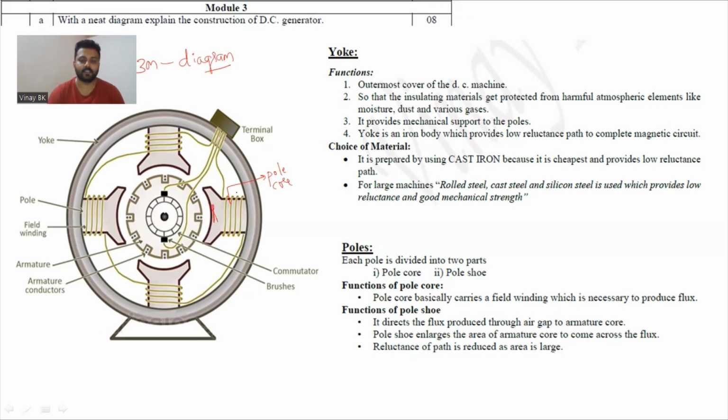The pole core carries the field winding so that it produces flux, and the pole shoe gives a direction to the flux from the air gap to the armature core, the flux produced from the pole core. So this is about poles.